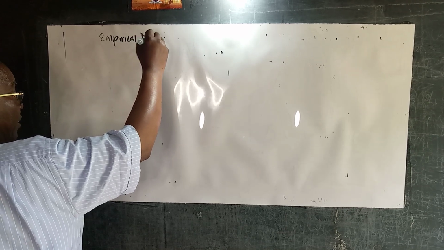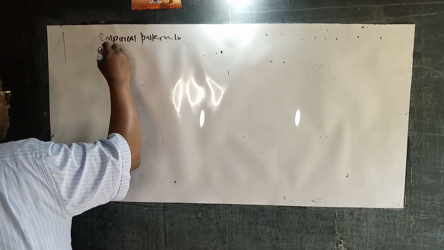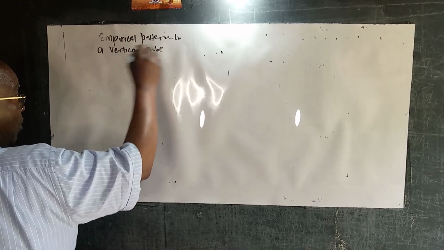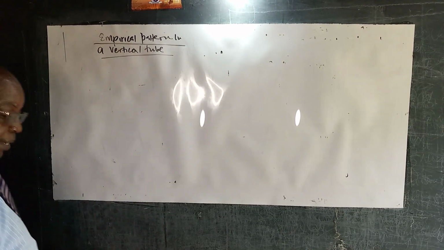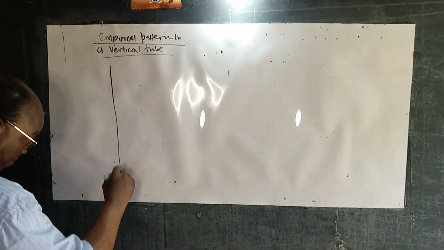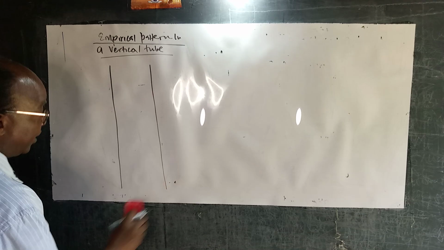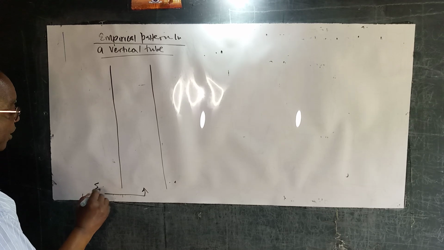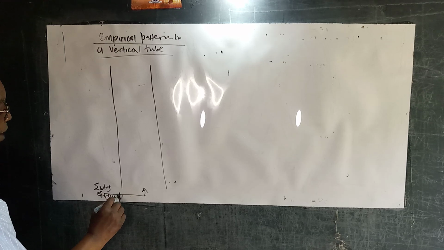The approximate empirical pattern in a vertical tube. So let's have our vertical tube. We are going to have it in segments. One of the things, like we have mentioned, is the entry of our fluid.